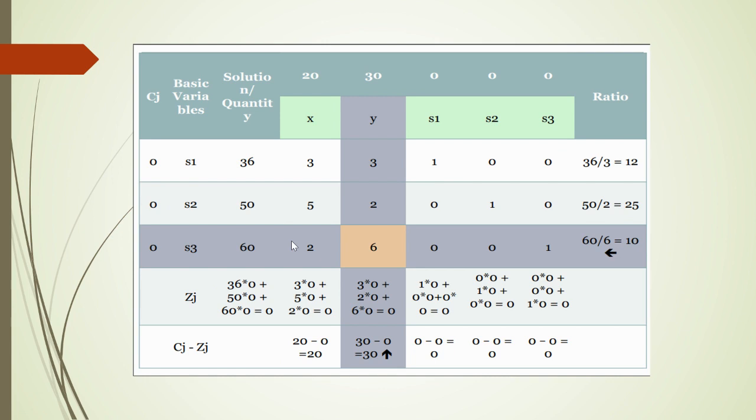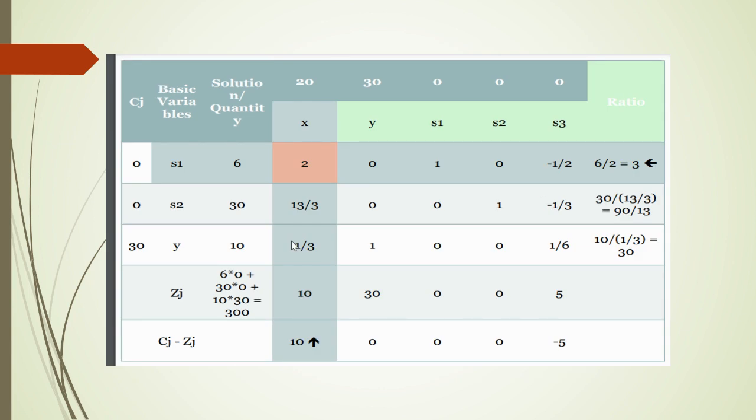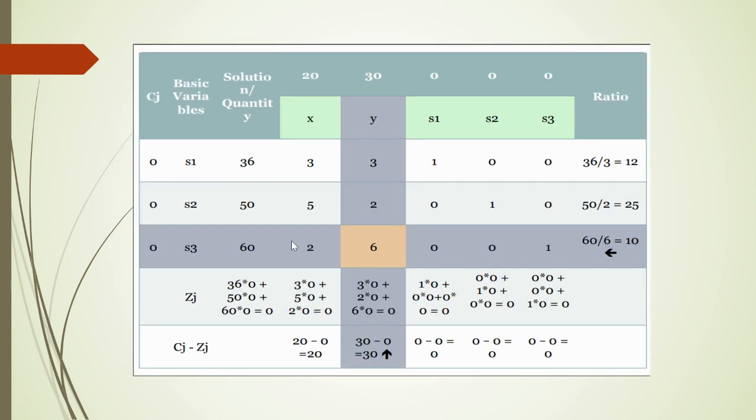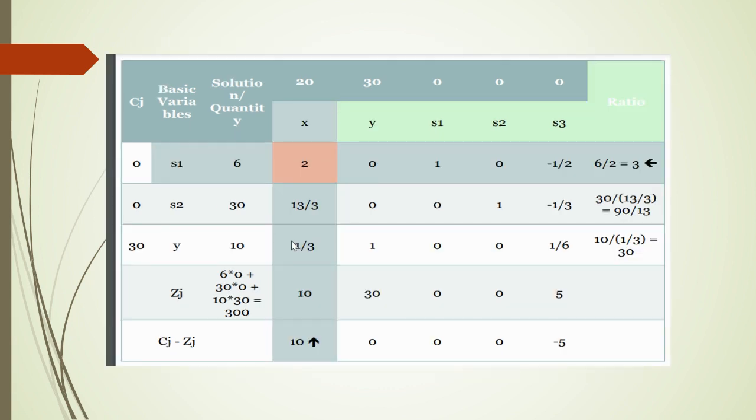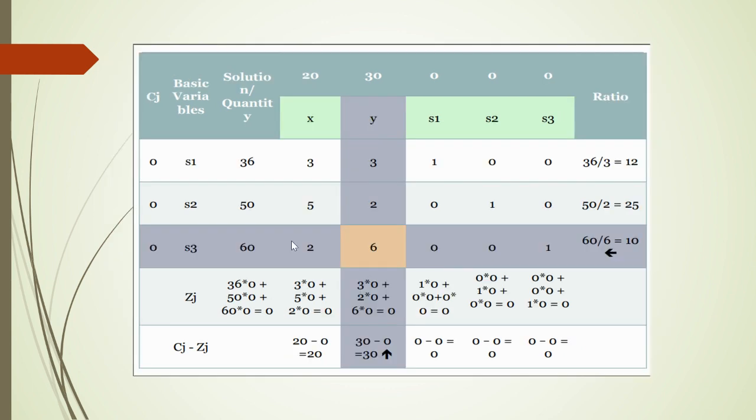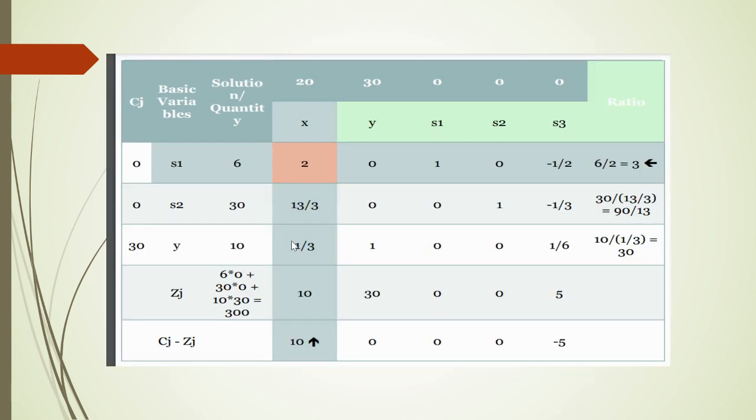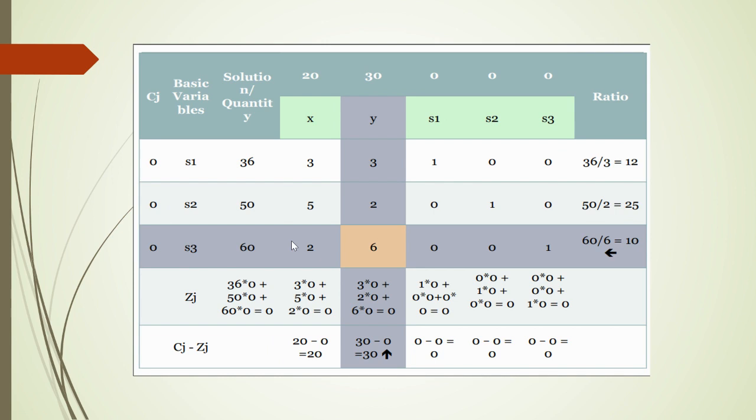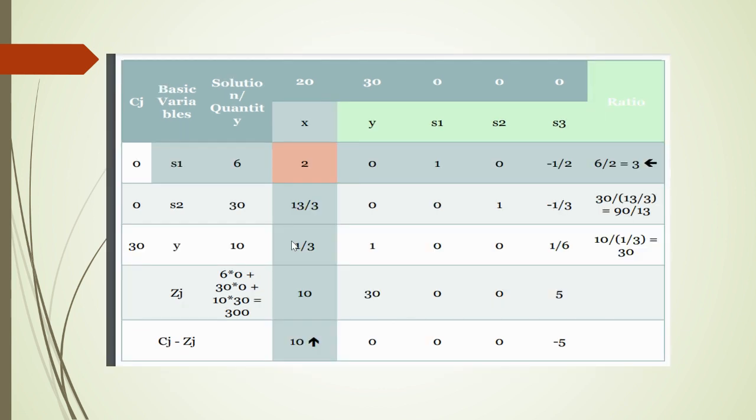And 5 minus 2 by 3 is 13 by 3. And 0 minus 2, that is minus 2, and 2 minus 2 is 0. And 0 minus 0 is 0. And in this way we have found the second row.